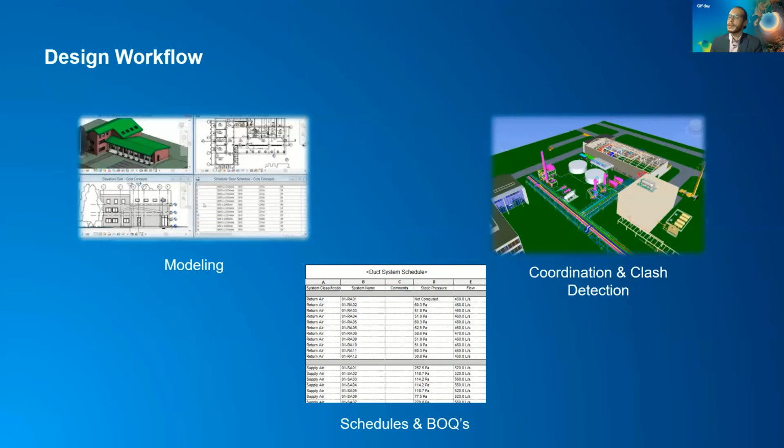So the BIM provides also in the design phase the modeling, including the schedules and bill of quantities, and also the coordination between different disciplines to have the early clash detection to avoid the problems that can happen in the site if we don't have such technology or such solution.